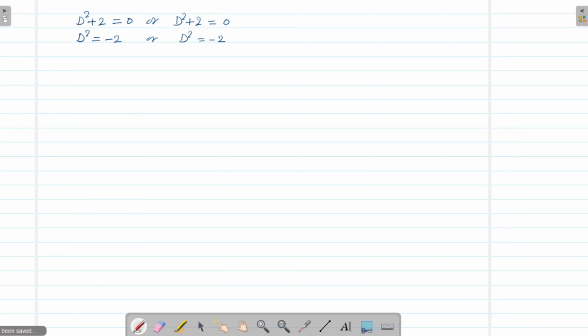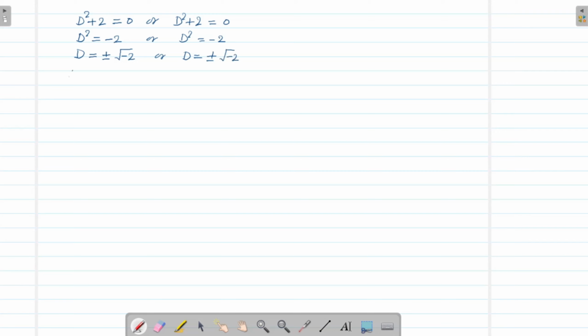This is the same equation, so there is no need to write it twice. So d equals plus minus square root of minus 2.